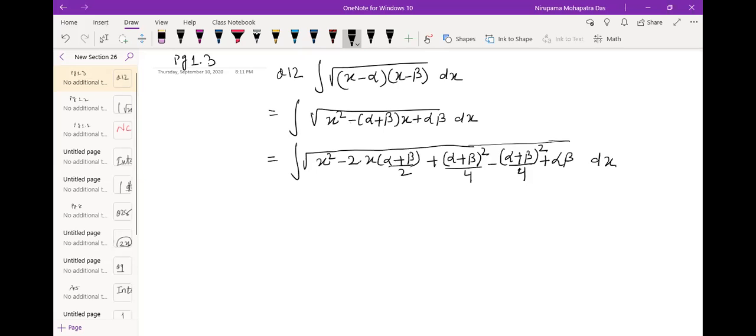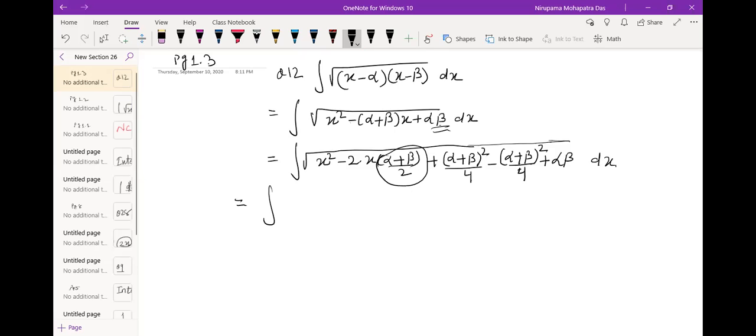So let's see. This is equal to x square minus 2 into x into alpha plus beta by 2. Right? So 2ab. So b square means alpha plus beta whole square by 4, the square of this. So alpha plus beta whole square by 4, minus alpha plus beta whole square by 4. Then you have alpha into beta here.